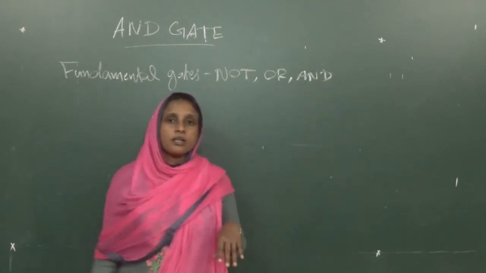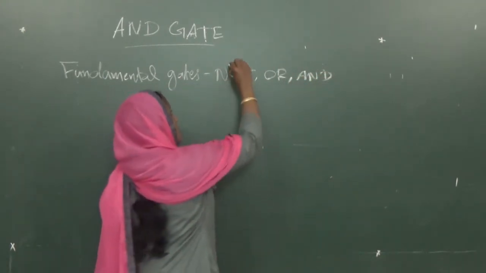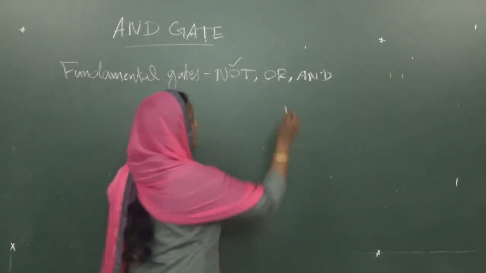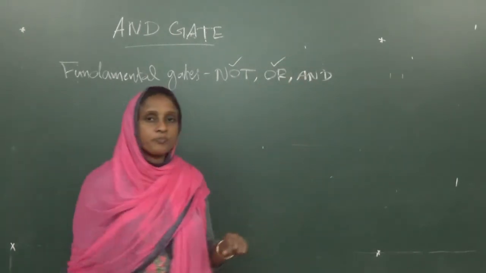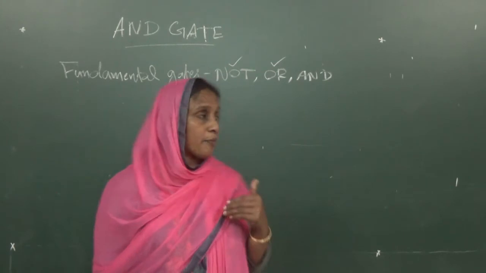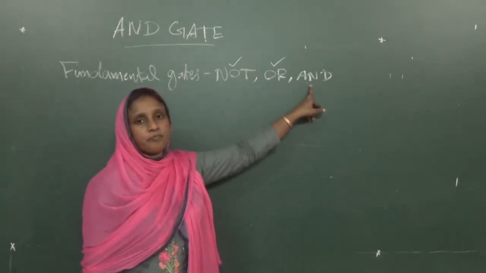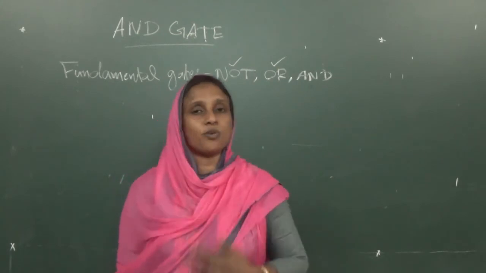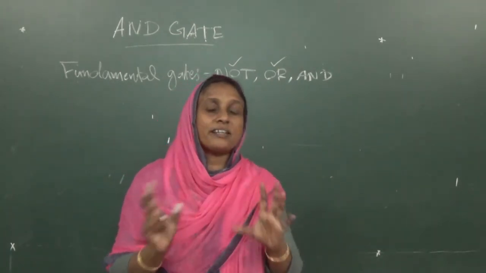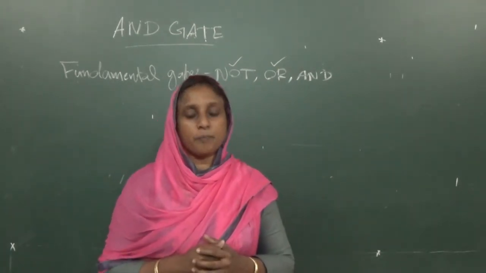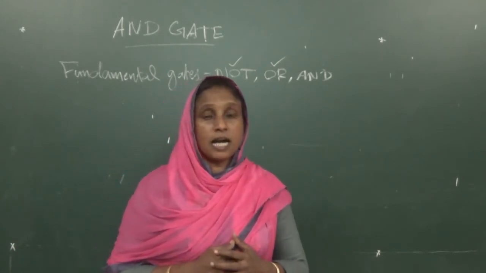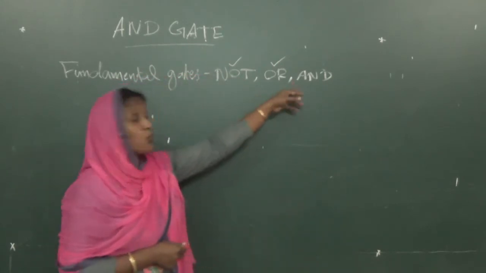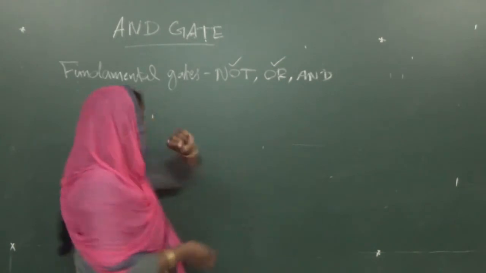We already learned about NOT gate and OR gate. Now we will discuss about AND gate. AND gate is also known as all or nothing gate. This gate has at least two inputs and one output.